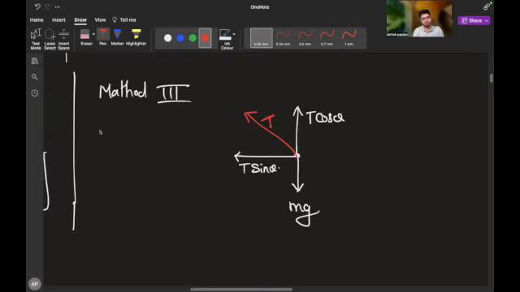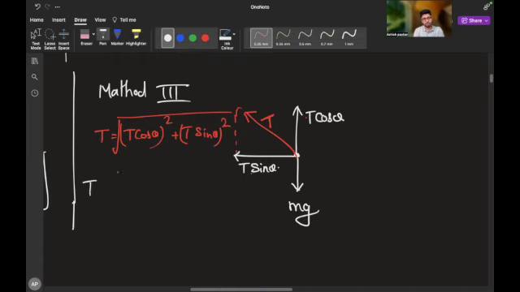So tension force can be written as, again applying the Pythagoras theorem, the square root of T cos theta squared plus T sine theta squared. Correct?